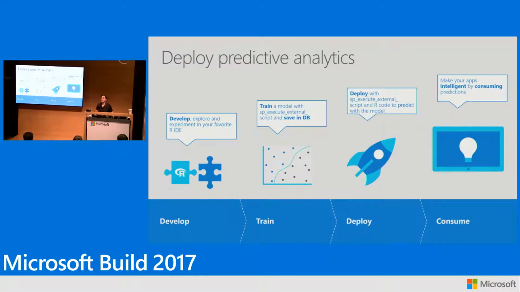So sometimes it can be difficult to debug when you're in that mode. So when you're happy with the script, it's easier to move it and do a very simple debugging inside SQL Server. And in the same way, when you do your prediction, you just embed it inside this special stored procedure. Then your app can call the database and consume this data. It's pretty simple.